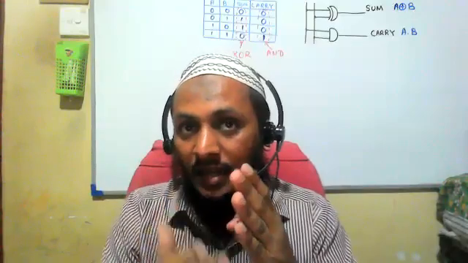Therefore, we have to go to the full adder, because half adder can be used to add only two single bits. To add the carry bit, there's no input there. So therefore, we have to go for a full adder. In full adder, two single bits and carry in are there.